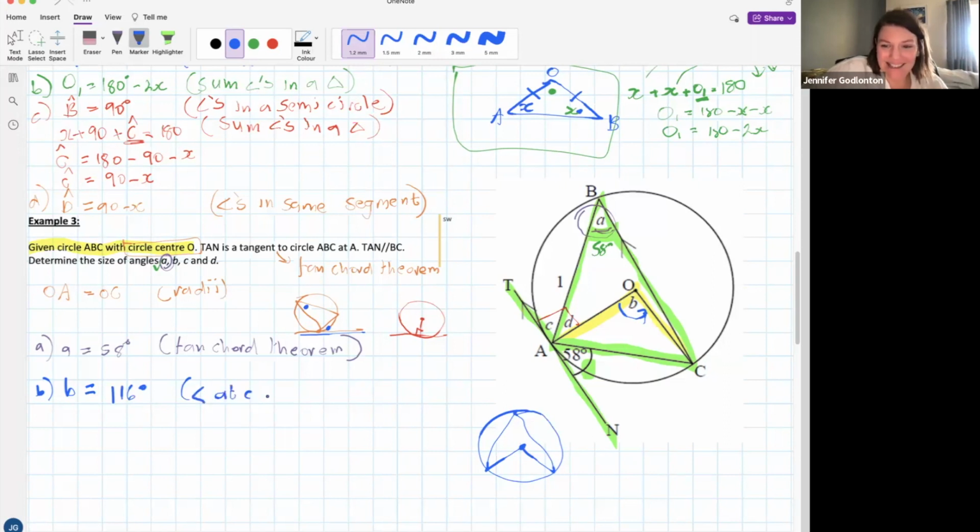Angle at center equals 2 times angle at circumference. So all that's saying is that the angle at the center is equal to double the angle at my circumference. Beautiful. I love the answers coming in. That's great.